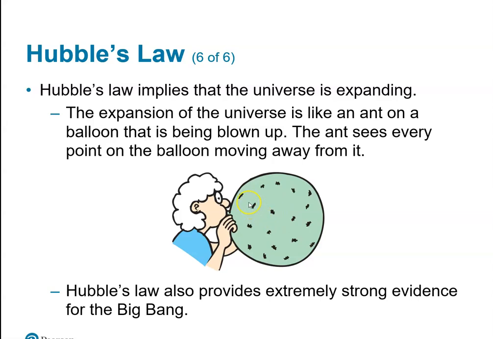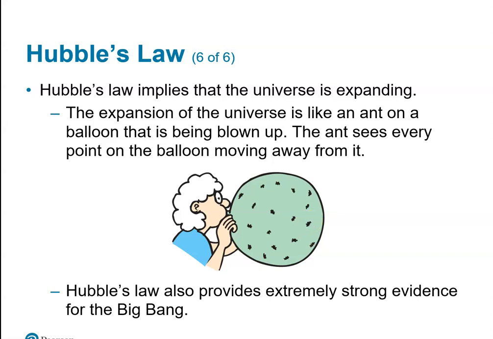And so then if there's a galaxy that's twice as far away, it's moving twice as fast as this one. And the same thing, let's say that this doesn't look like it's quite the same distance, but let's say that this galaxy is twice the distance from the Milky Way as this nearer one.